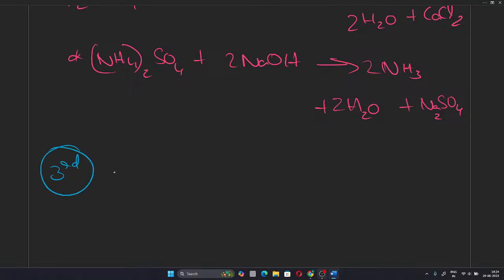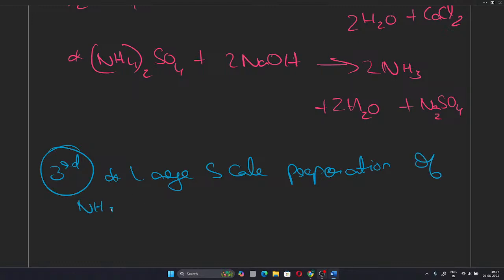Third method, large scale preparation of ammonia is through Haber's process.